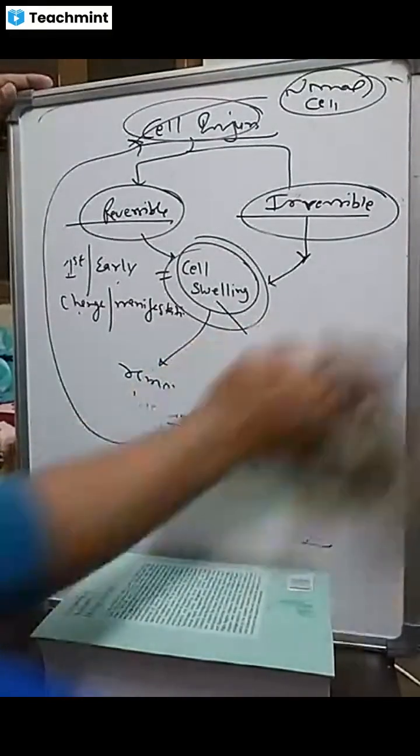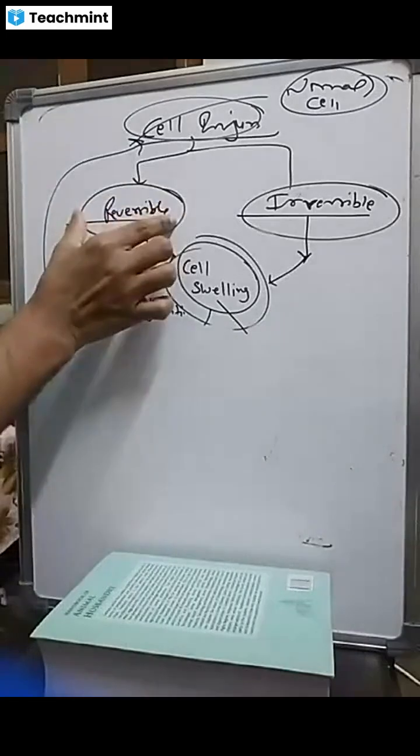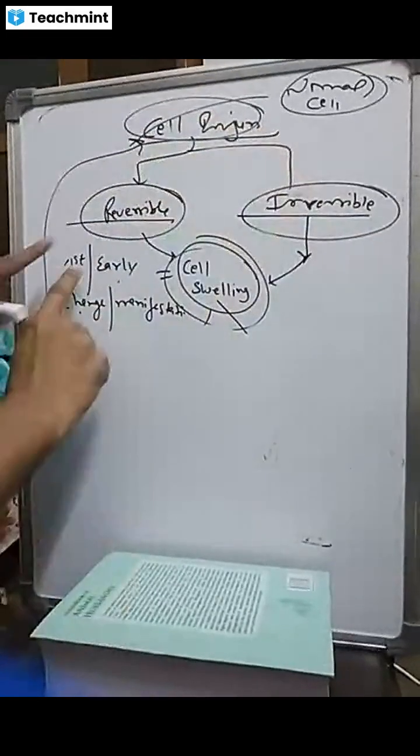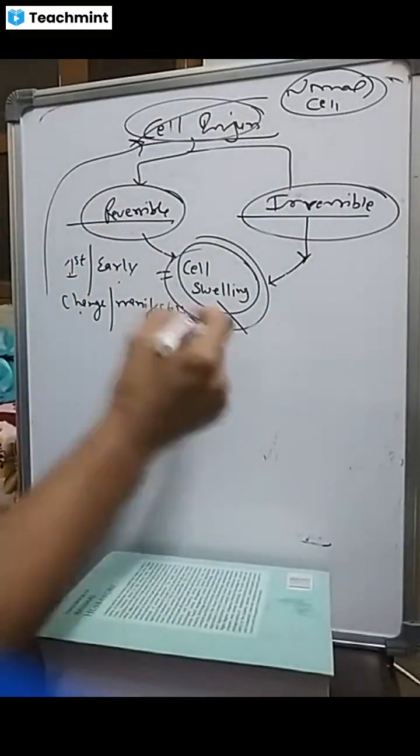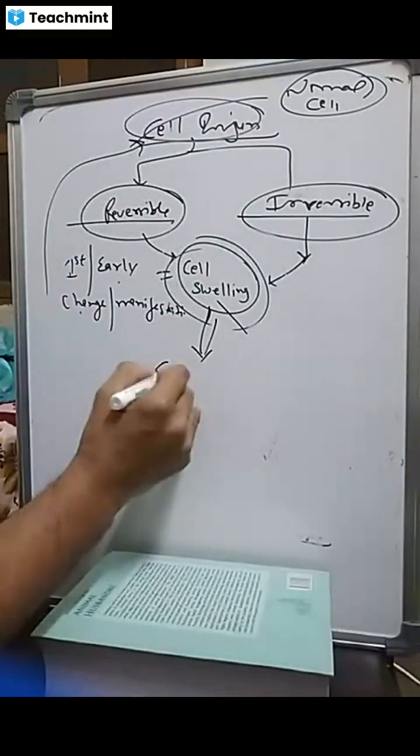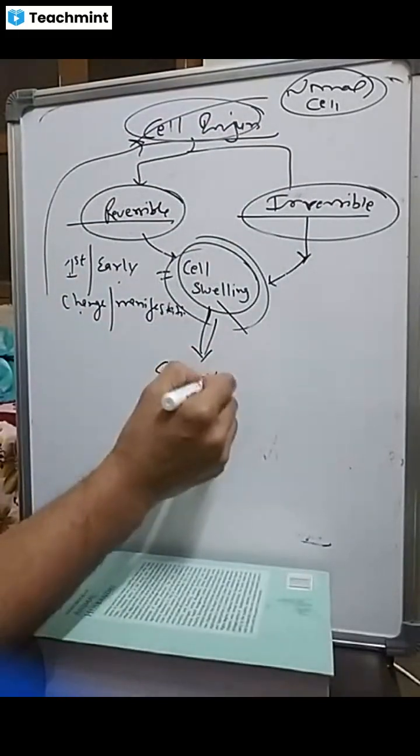So in both reversible and irreversible cell injury, the first, early change is cell swelling. But there is an exception to this rule.